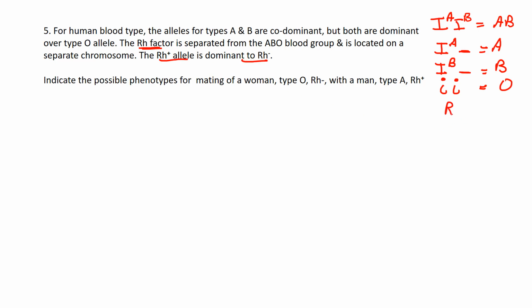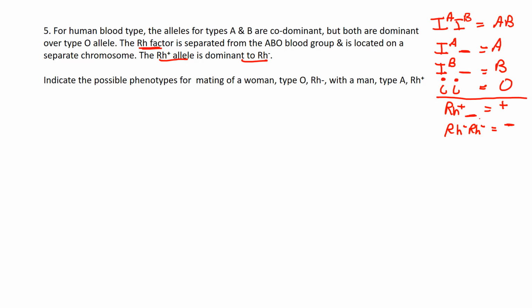So if I have Rh positive blood, I don't care what this other allele is, that's going to be positive blood. So you can have either A positive, B positive, or O positive. If I have two recessive alleles, Rh negative, Rh negative, that's going to be negative blood. And again, you can be AB negative, A negative, B negative, O negative, or whatever. Okay? But those are completely separate traits.